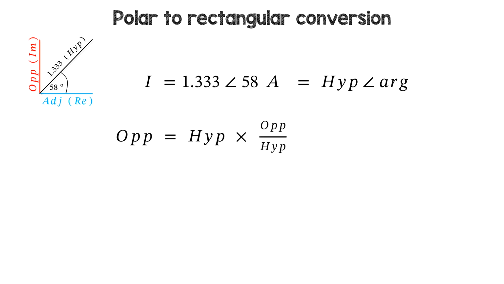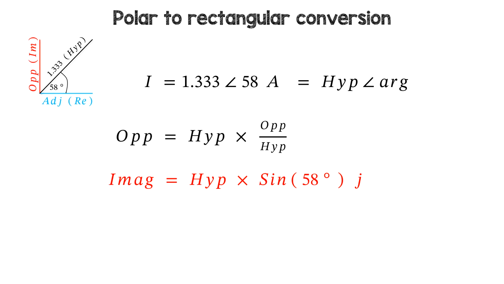And similarly, the opposite is equal to the hypotenuse times the opposite over the hypotenuse, because the hypotenuses cancel, but opposite over hypotenuse is the sine function. So the imaginary part of our rectangular conversion will be the polar modulus, or the hypotenuse, times the sine of the angle.